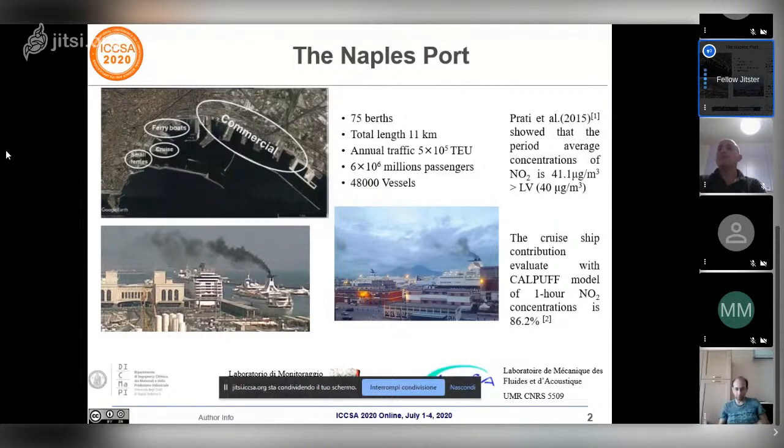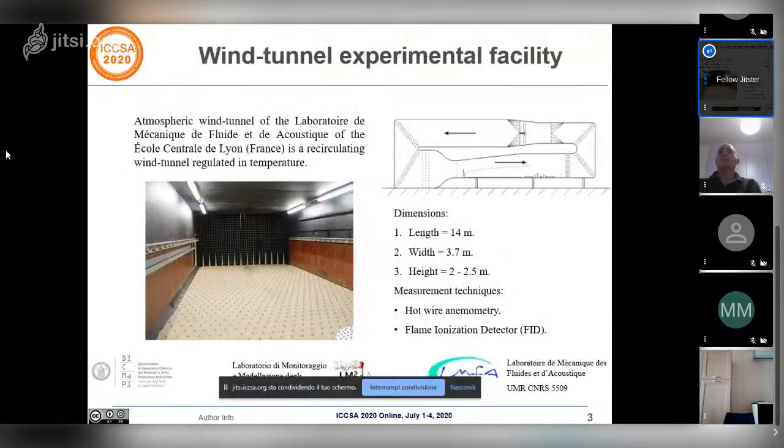Dispersion models are often used to assess the impact of ship emissions. However, a rigorous evaluation procedure must be followed to ensure the quality of the model results. This evaluation procedure can be performed with wind tunnel experiments.